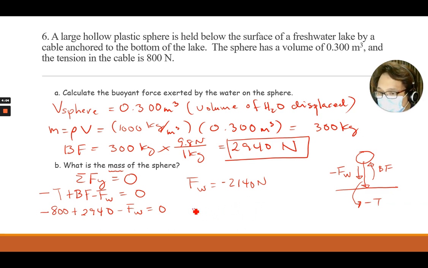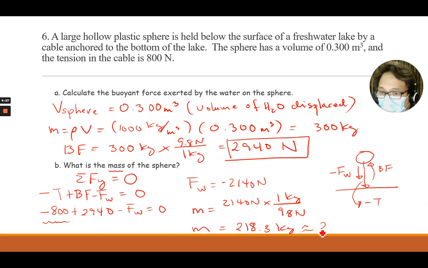So the mass is equal to 2,140 newtons times 1 kilogram per 9.8 newtons. So the mass is equal to 218.3 kilograms. Our answer should be in 1 significant figure. Therefore, this one would be 200 kilograms.